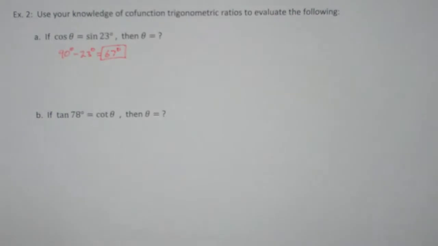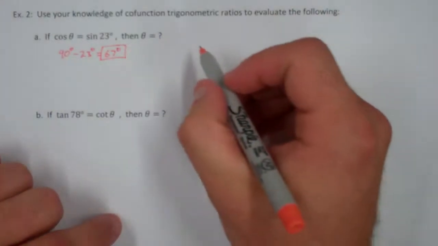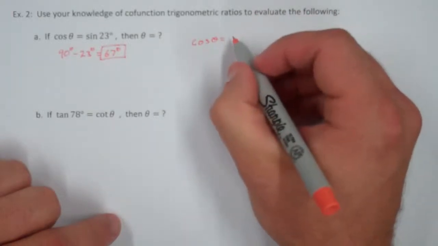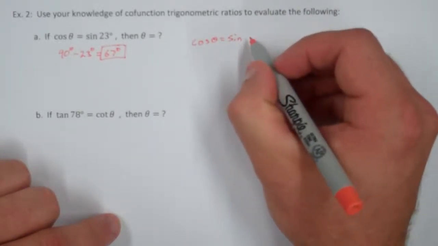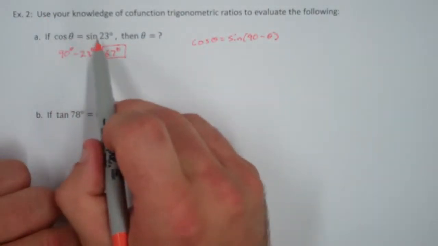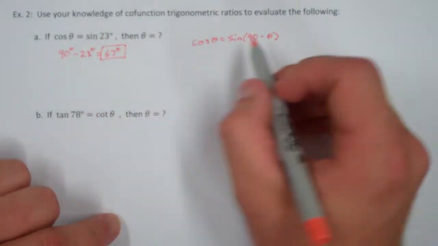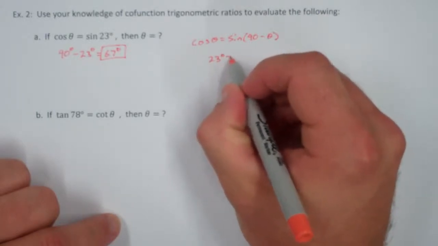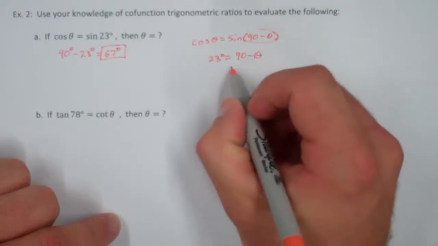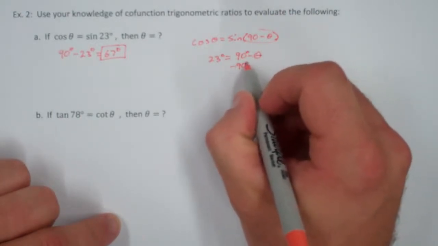For those of you that are thinking about this a little bit more algebraically, you might remember that the cosine of theta is equal to the sine of 90 minus theta. If we look at this relationship, then 23 degrees must be equal to this part right here, 90 minus theta. We could subtract 90.